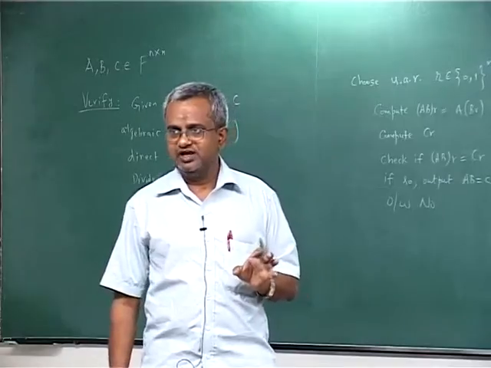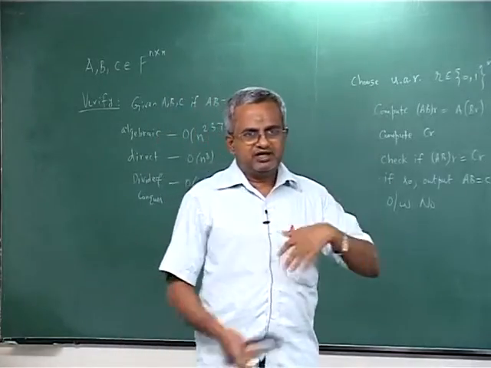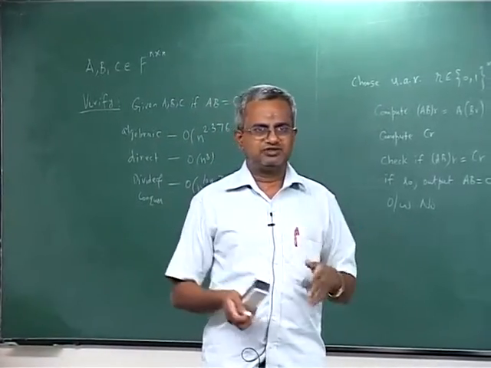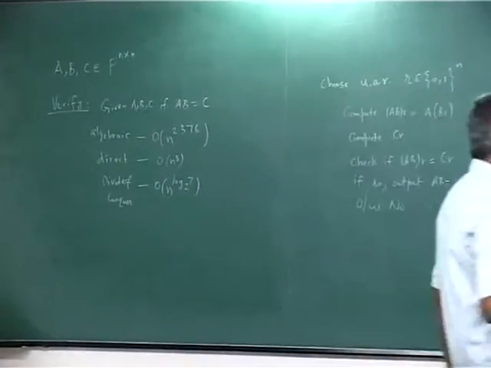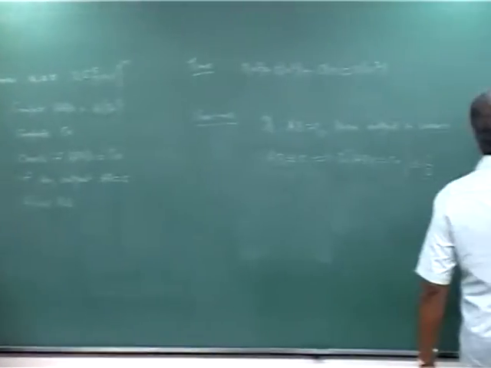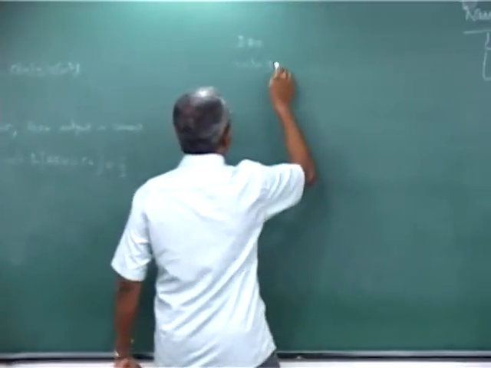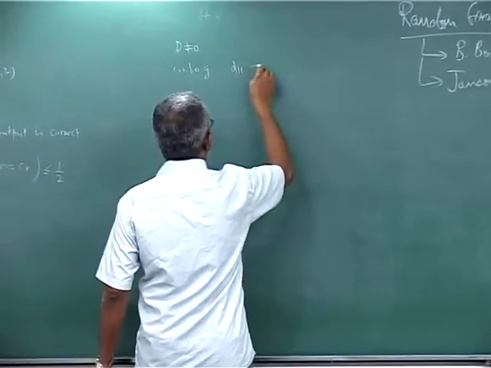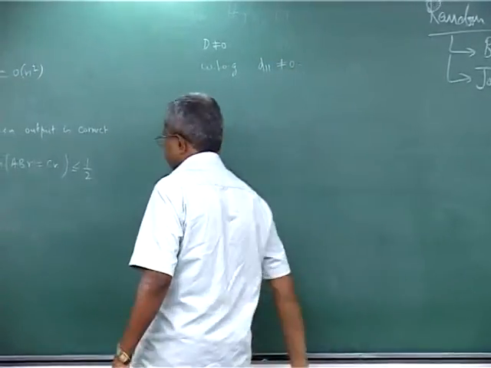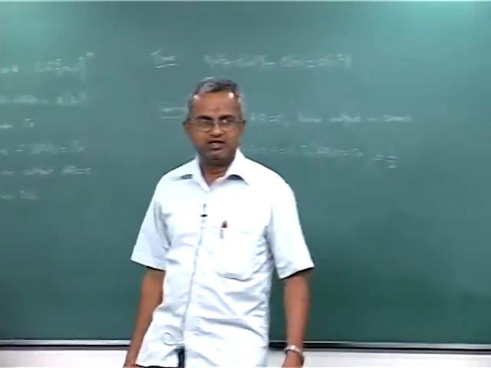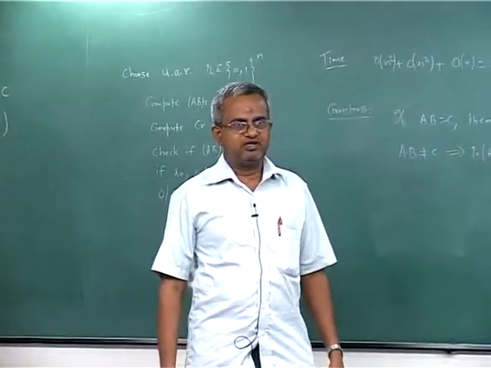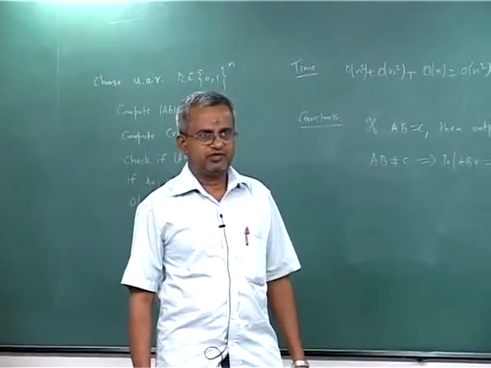This we can assume by relabeling the row and column numbers. So, we assume D11 is not equal to 0.